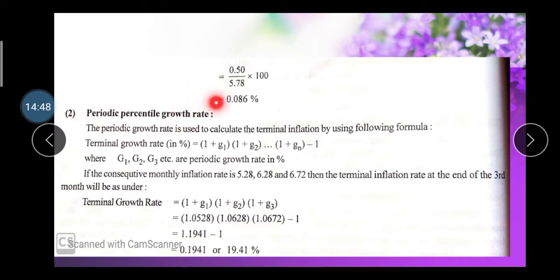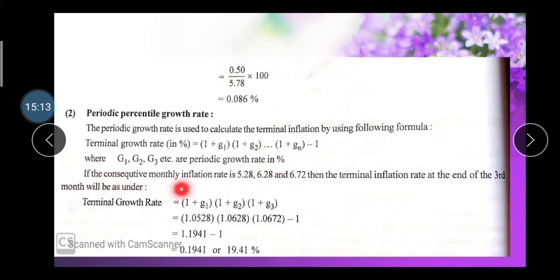Then the second one is the periodic percentile growth rate. The periodic growth rate is used in the calculation of terminal inflation by using this formula: terminal growth rate is equal to (1 plus G1)(1 plus G2)...(1 plus Gn) minus 1. Here G1, G2, G3 etc. are the periodic growth in interest.